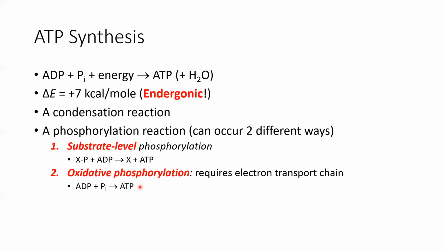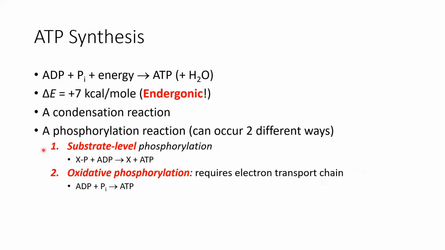And we're going to talk about how we use the mitochondria to do this. We use the transport of electrons across the mitochondria in order to generate the energy that's required here to make ATP this way, okay? Now, as the name implies here, oxidative, this is going to require oxygen, okay?